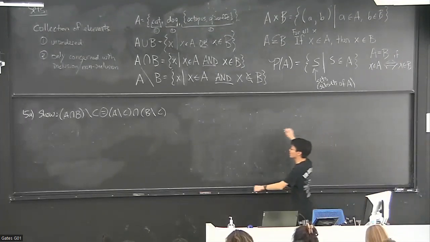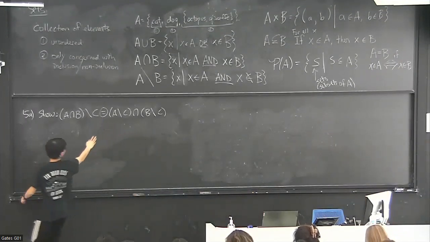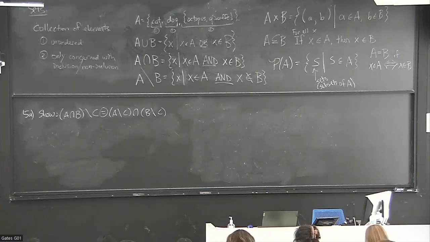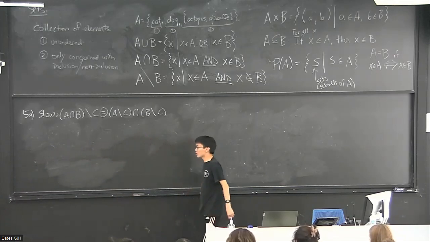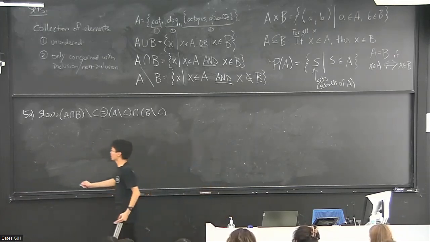To prove the set equality, we want to actually prove an if and only if statement. To prove an if and only if statement, we have two things we need to prove. Notice that it's equivalent to saying whenever you have a set equality proof, you have two problems on your hand.